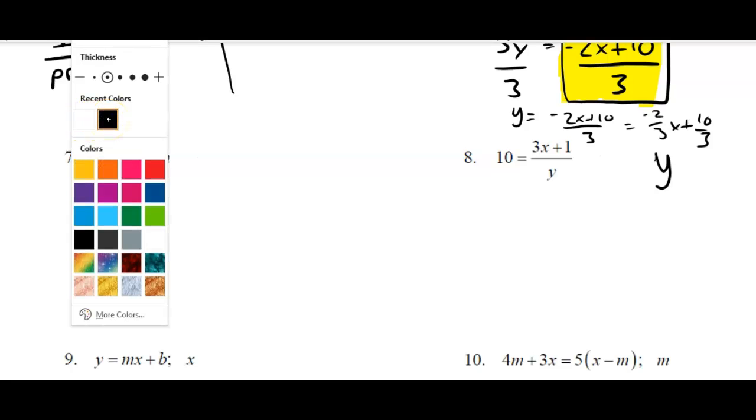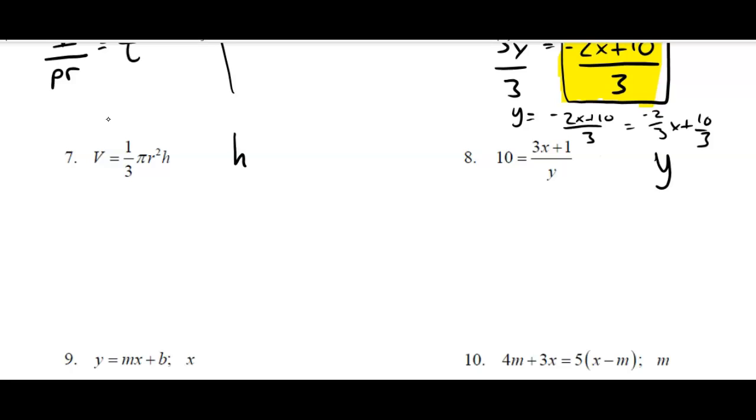Again, we are solving for h. If I multiply both sides by 3, what happens is those 3's cancel. So over on this side, I'm left with 3 times the volume equals pi r squared times the height.